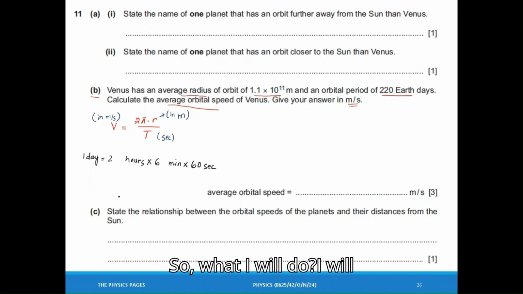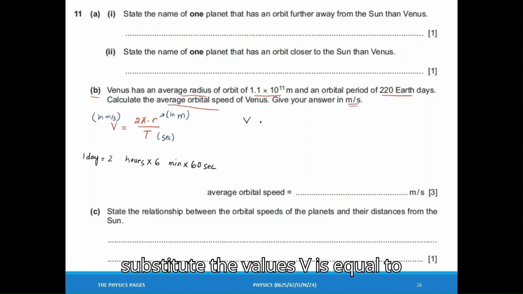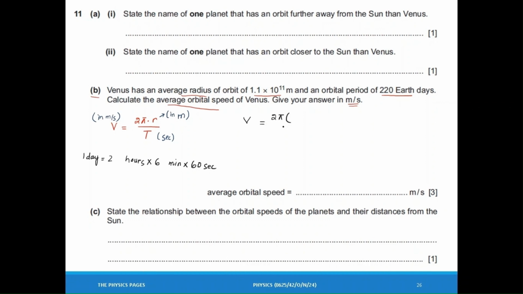So what I'll do? I'll rewrite the equation here and substitute the values in the equation. V, the orbital speed, is equal to 2 pi times r, the average radius, which is equal to 1.1 into 10 raised to the power 11 meters, divided by t, the time, which is 220 Earth days times 24 hours times 60 times 60.